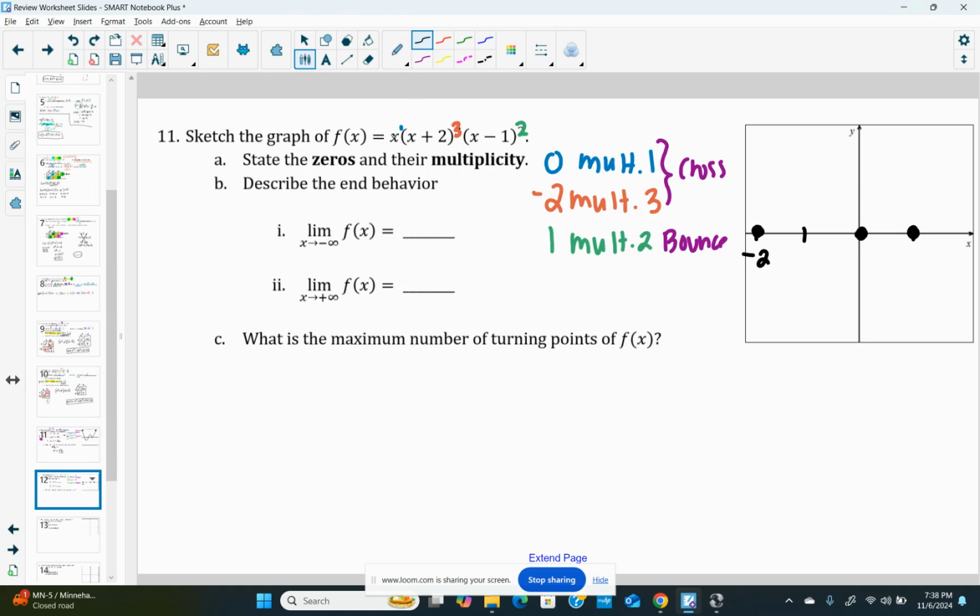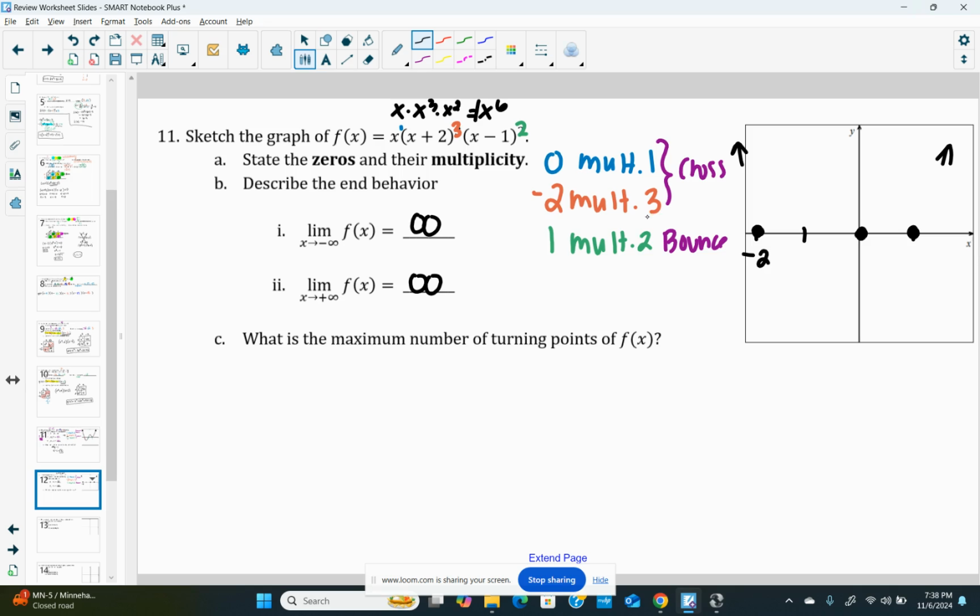And now this one is an x times an x cubed, because this will be there 3 times. So for our lead term, we have an x cubed times an x squared. So this gives us x to the 6th, which means both ends, since this is 1x to the 6th or a positive, means both ends are going up. So I know that we're going to end up on both sides.